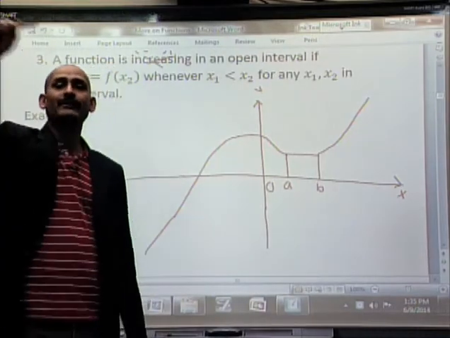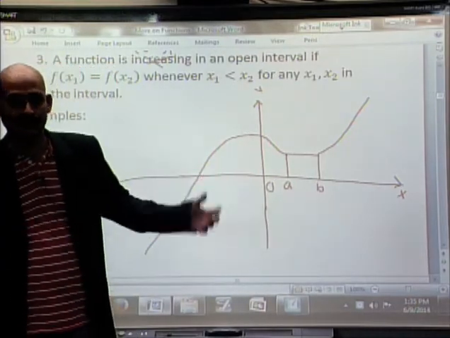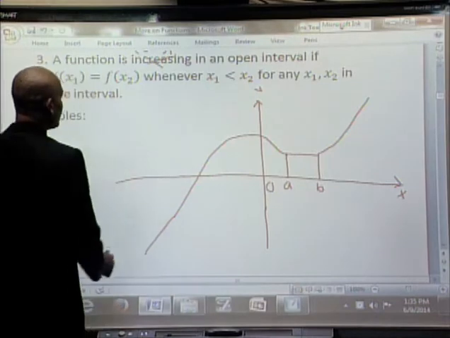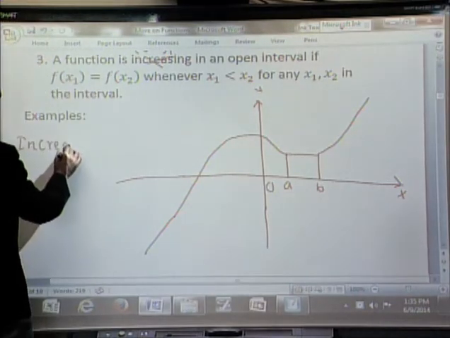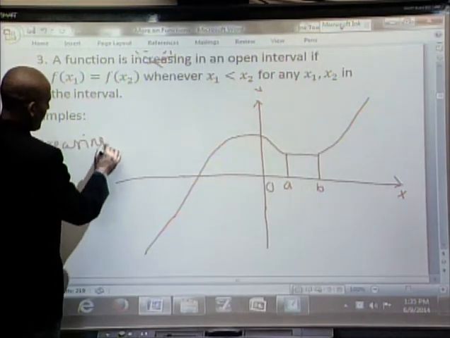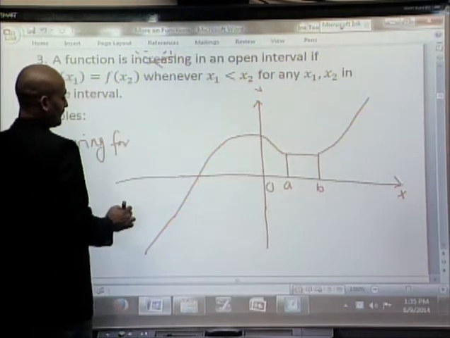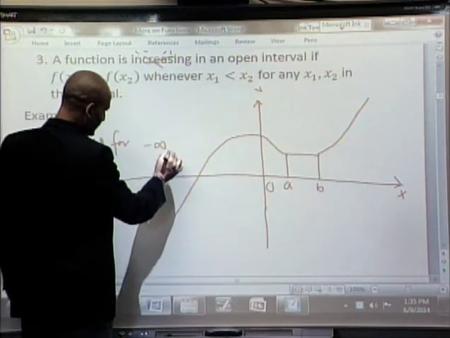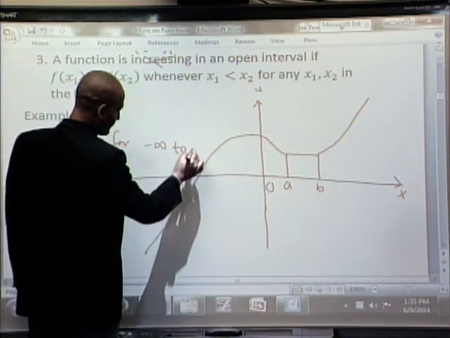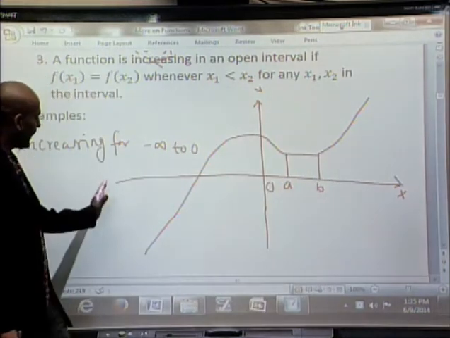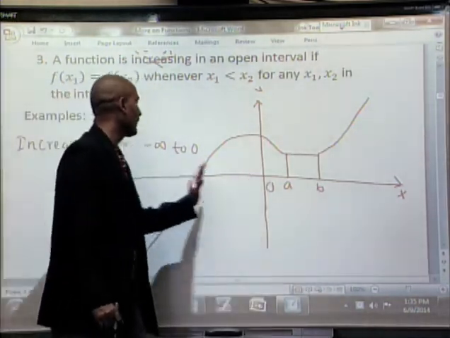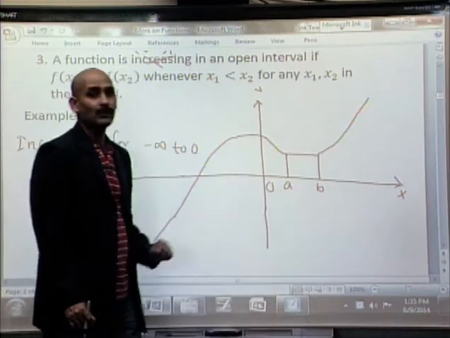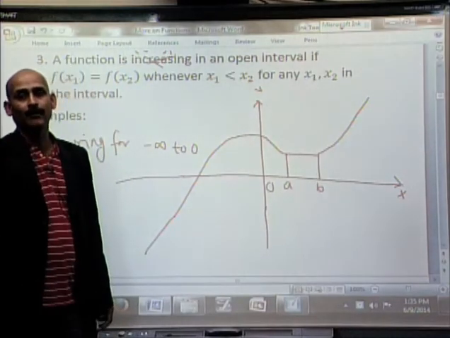If the graph is rising, that is an increasing function. So, I can say this function is increasing for negative infinity to 0. In this entire interval from negative infinity to 0, the function is going up and up and up.